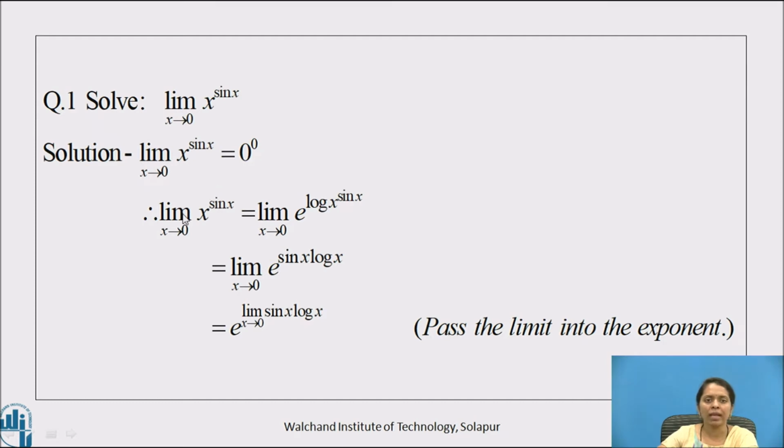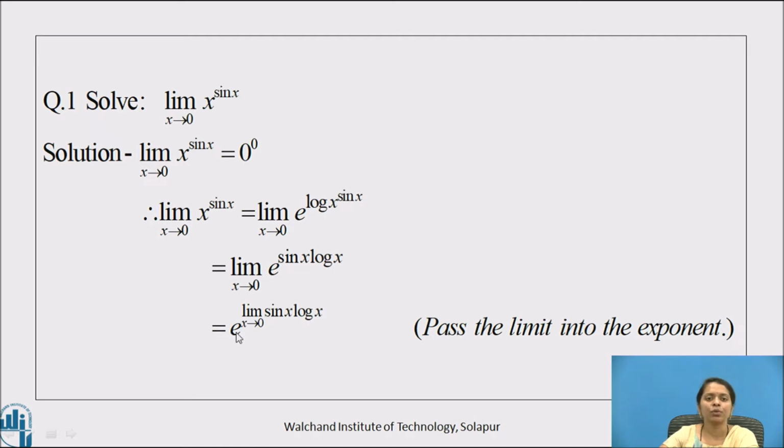So, according to the adjustment, we will adjust it as limit x tends to 0 e to the power log of x raised to sin x. That is equal to limit x tends to 0 e raised to. Now, applying the laws of logarithm, the exponent can be written in coefficient form, so it will come over here: sin x into log x.